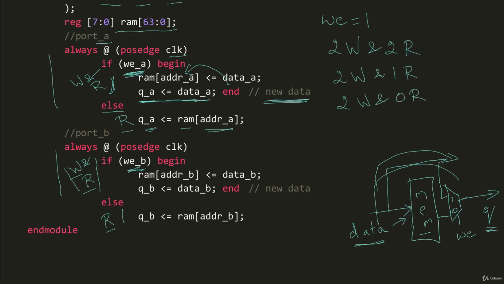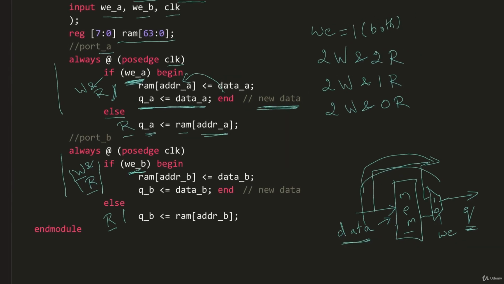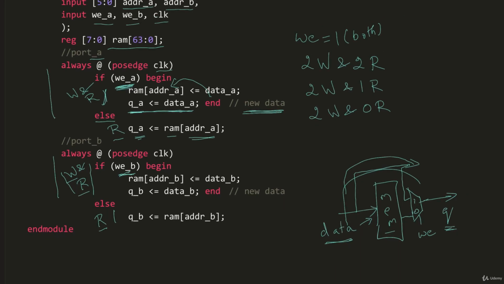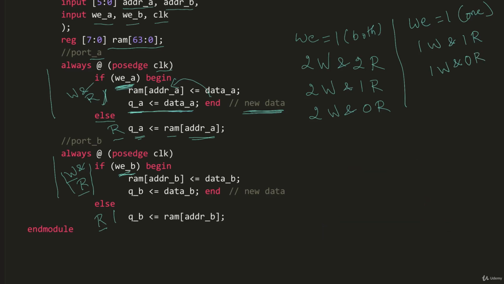Now this is the case if both the write enables are 1. Now if only one of your write enables is 1, then you can do one write and optional one read, or simply just one write and 0 reads.